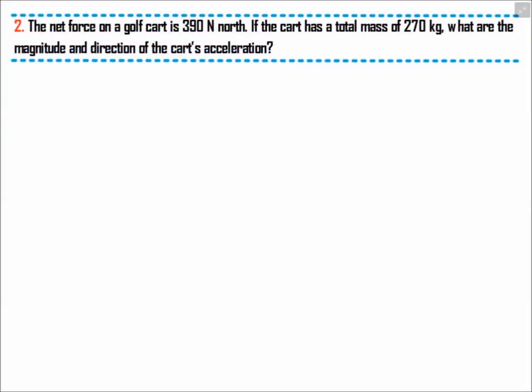In this question it says the net force on a golf cart is 390 Newton north. If the cart has a total mass of 270 kg, what are the magnitude and direction of the cart's acceleration? First of all, acceleration must be in the same direction as the net force. So in this question there is one force, so the direction of acceleration will be directly north.